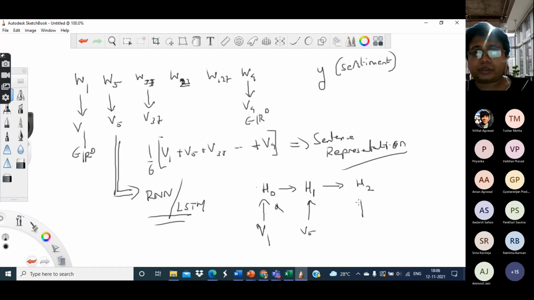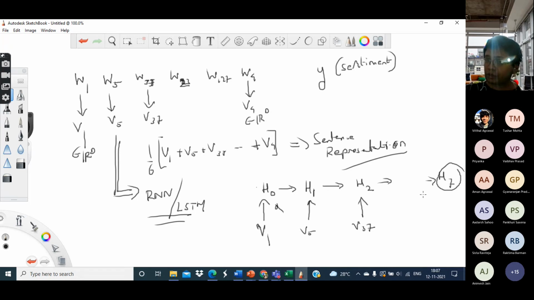Now I put the next word, which is V37, and the hidden state changes to H3. Similarly, finally I have H7, which is the hidden state after all the different word tokens have been put into the RNN one after another.